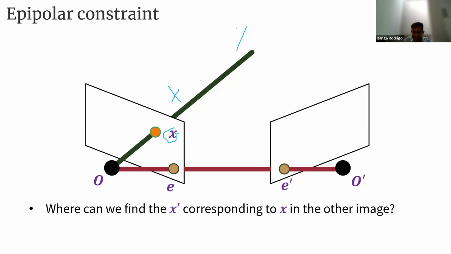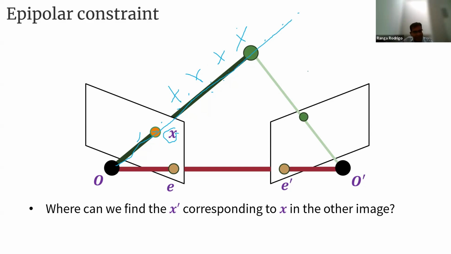It can be here. It can be there. That's also a possible location. Anything on this ray is valid. Any point along this ray is valid, right?